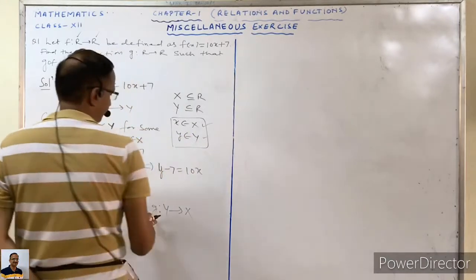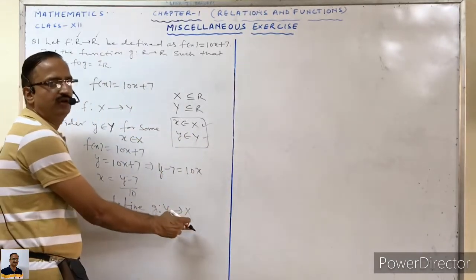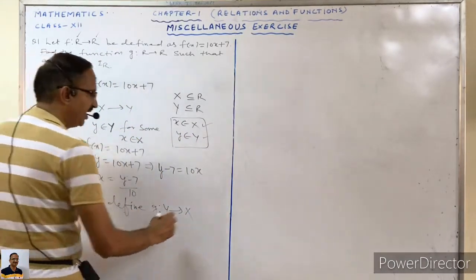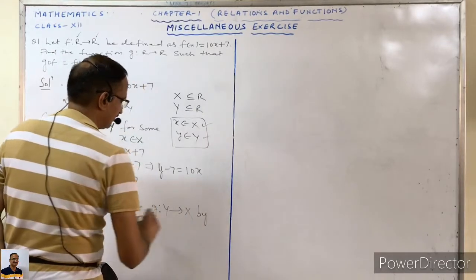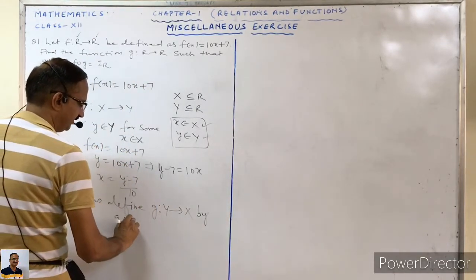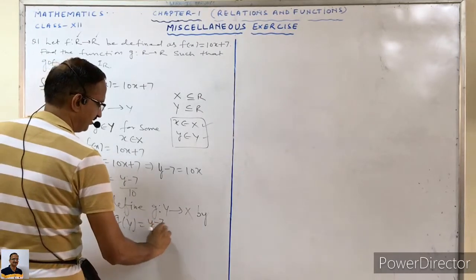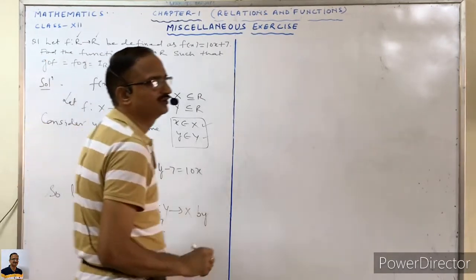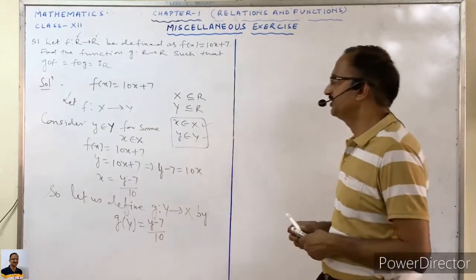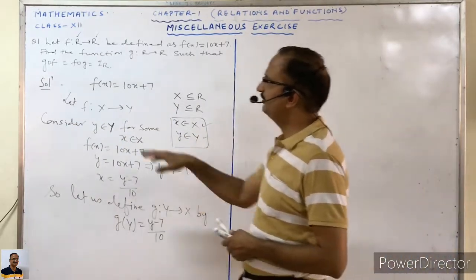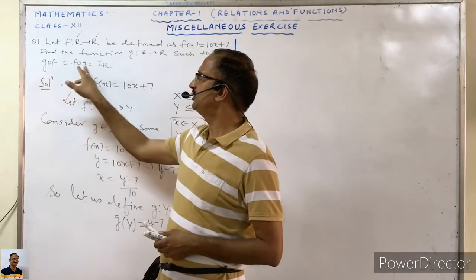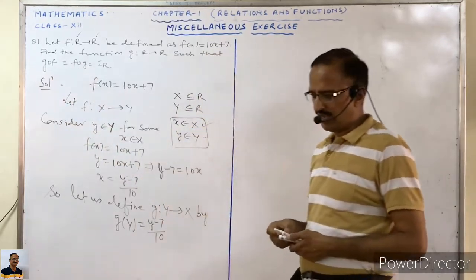So g is a function defined from y to x by gy equals (y minus 7) by 10. So this is our g function.